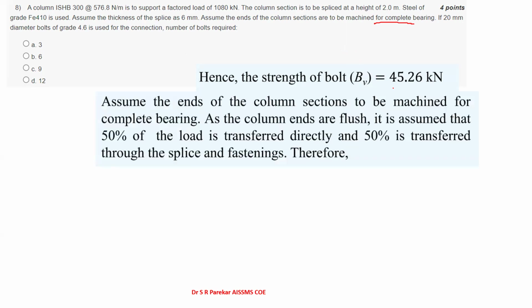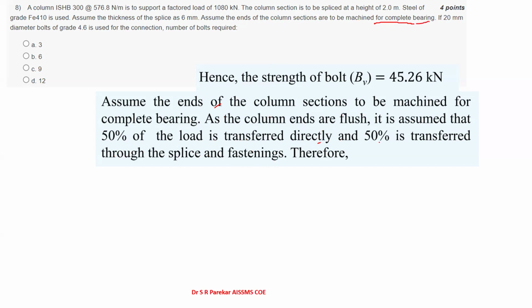Then assume the end of the column section is to be machined for complete bearing. As the column ends are flush, it is assumed that 50% of the load is transferred directly and 50% through splice and fastenings. So machined for complete bearing, and it is mentioned that ends of the column section are machined for complete bearing.